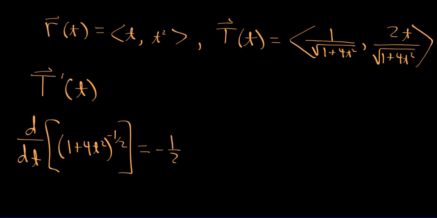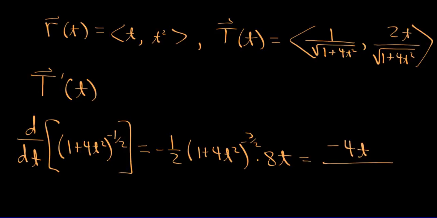So this is going to be negative 1/2, 1 plus 4t squared to the what? Remember? Negative 3/2, that's right, times, don't forget the inside, 8t. Okay. So now let's just see what we got here. It looks like we've got a negative 4t, and down here, a 1 plus 4t squared to the 3/2.